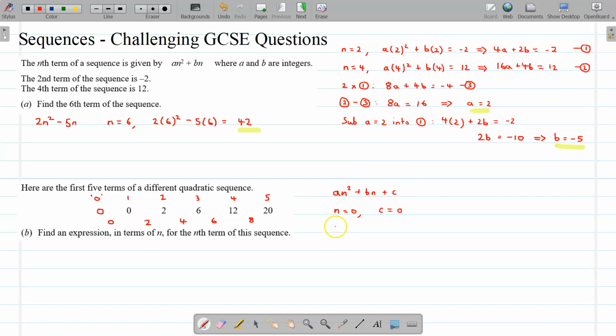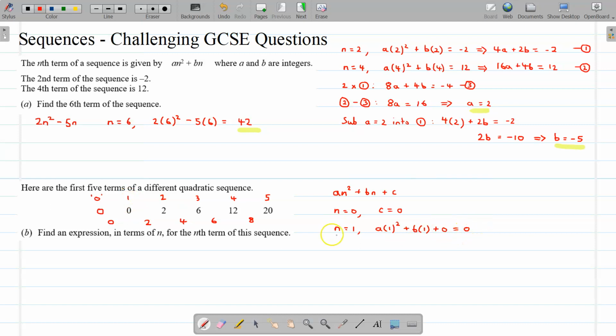Now when n is 1, we have that a times 1 squared, in other words 1a, plus b times 1, plus 0, which is c, equals the first term of the sequence, which is also 0.